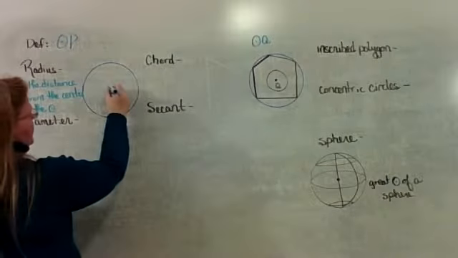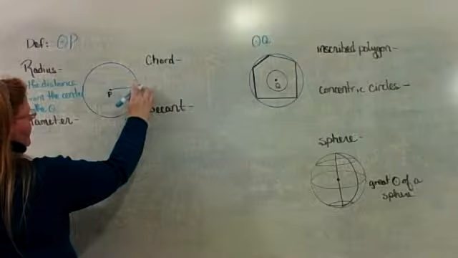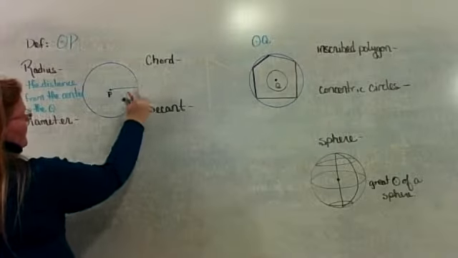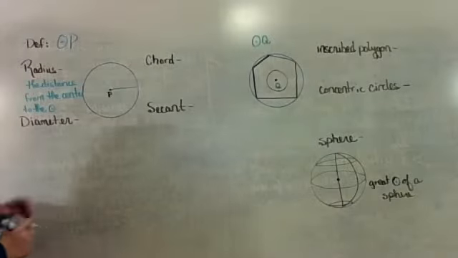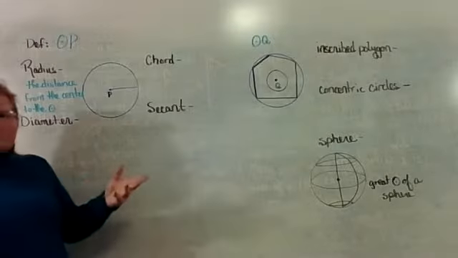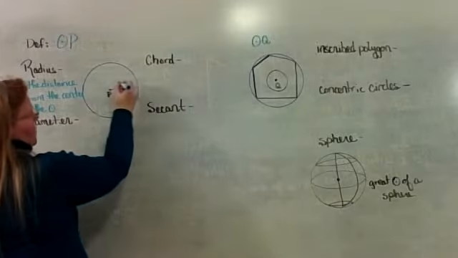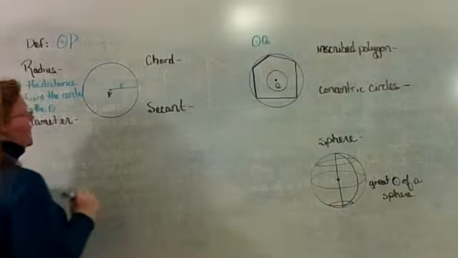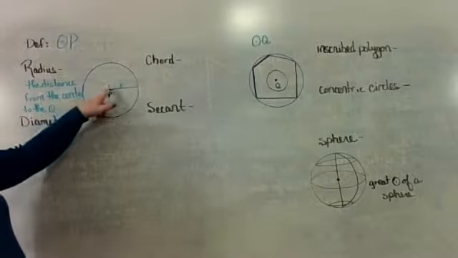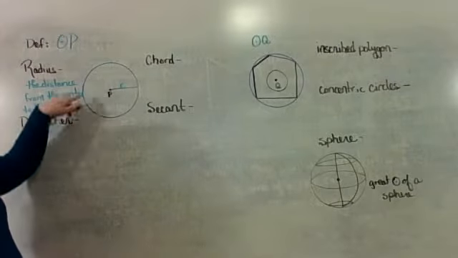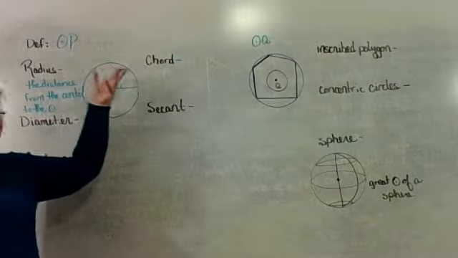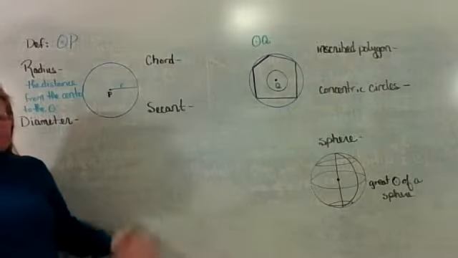In other words, from the center to the outside of the circle. That's what is actually the circle. That is the radius. Normally we call it a little r for radius. It can be anywhere from the center to the outside, and all of those radii are the same. That's why the center is called the center.